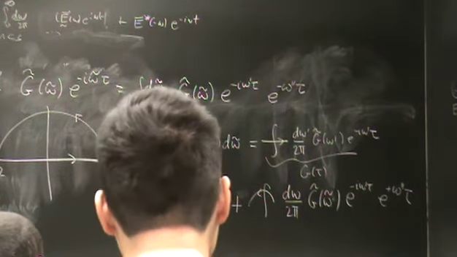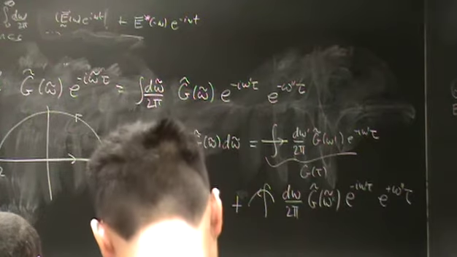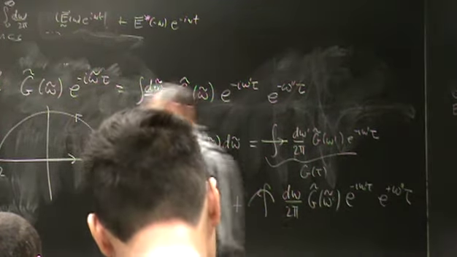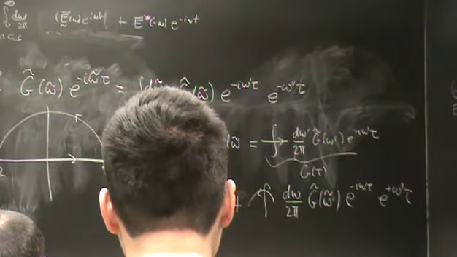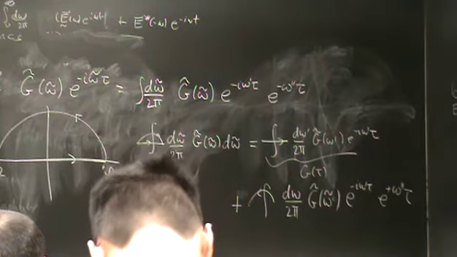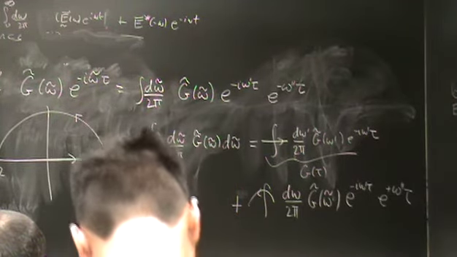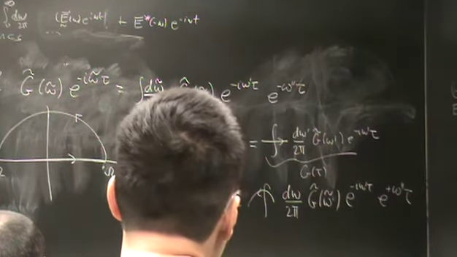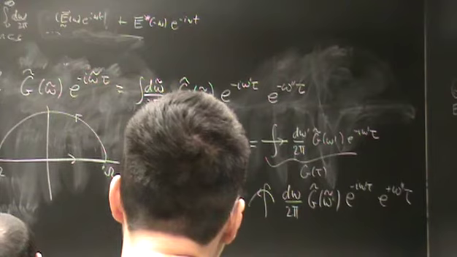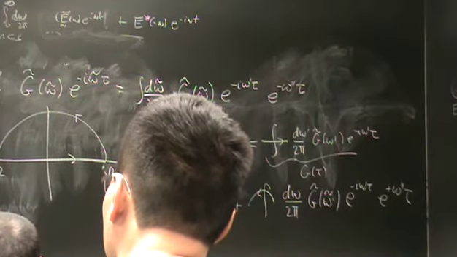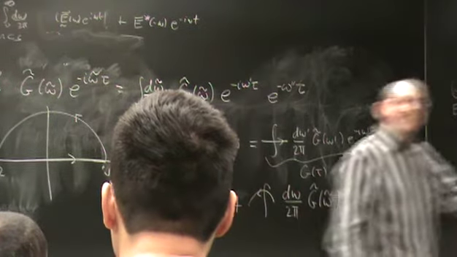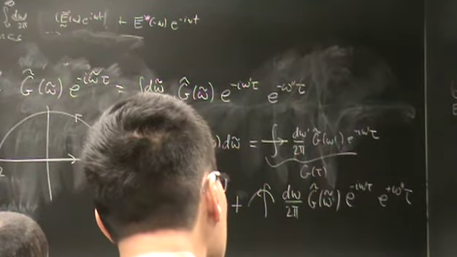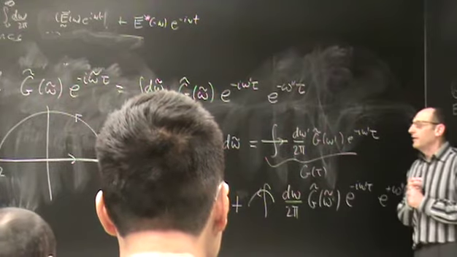Okay, yeah, good. Sorry, I got myself confused about the sign. Say we tried to do that. All right, this is correct.